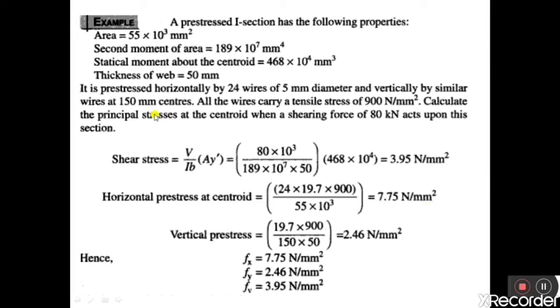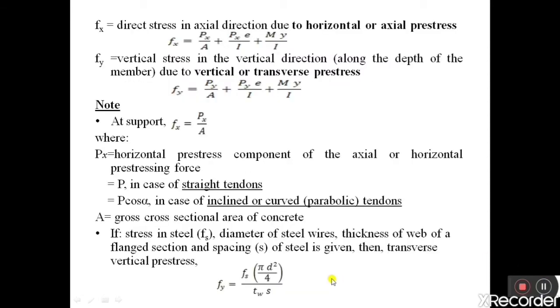Similarly, here they have given that the member is also subjected to vertical prestress. In vertical prestress, the same wires are used, 24 wires, and the diameter of the wires is 5 millimeter. But they have given the spacing of the wires as 150 mm center to center. So here we should calculate f of y. To calculate f of y, we use this equation.